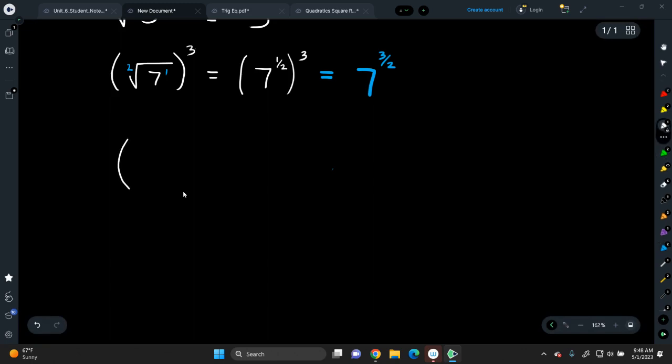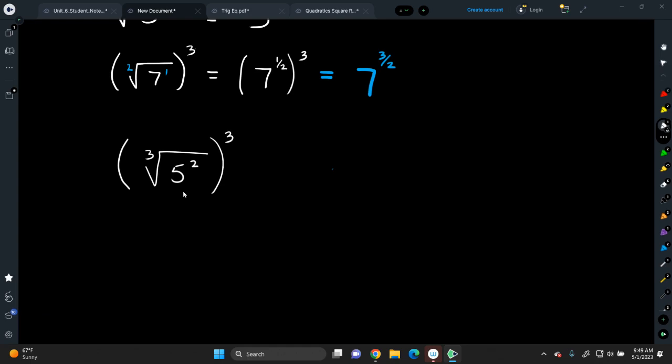Oh no. How about the cube root of 5 squared, to the third? Dang.